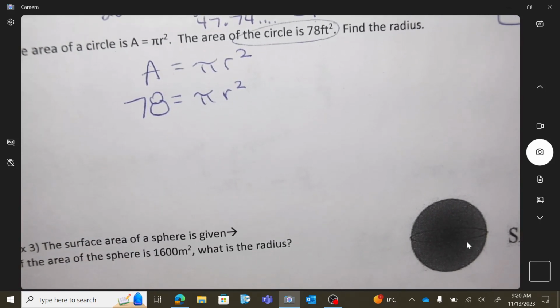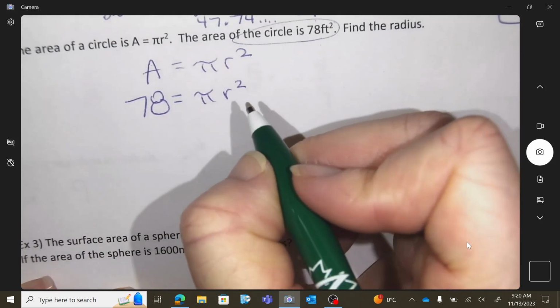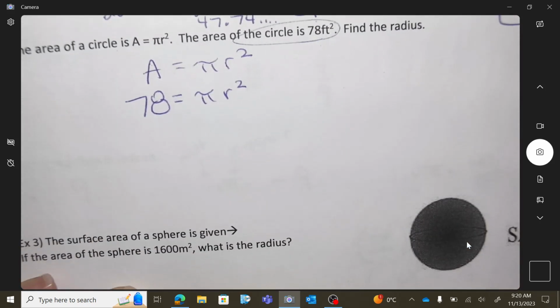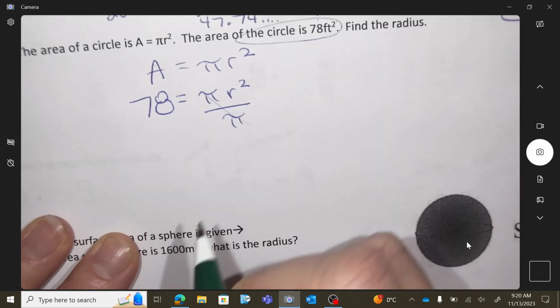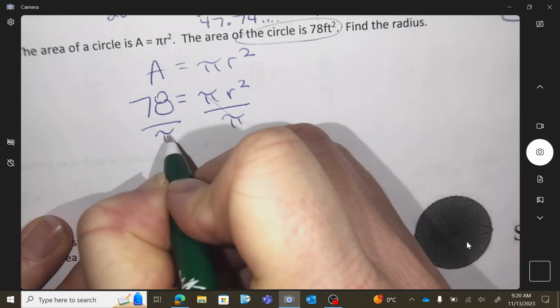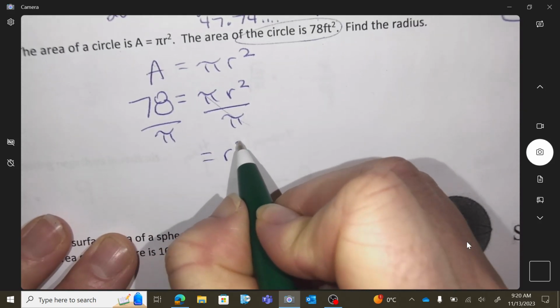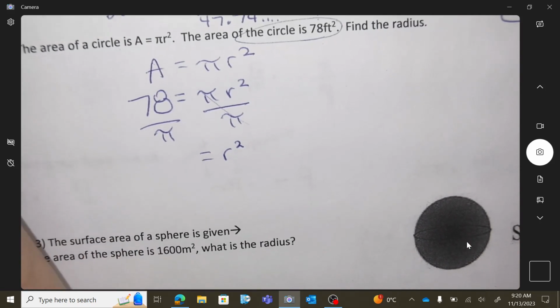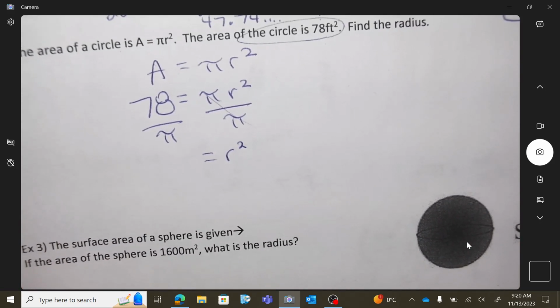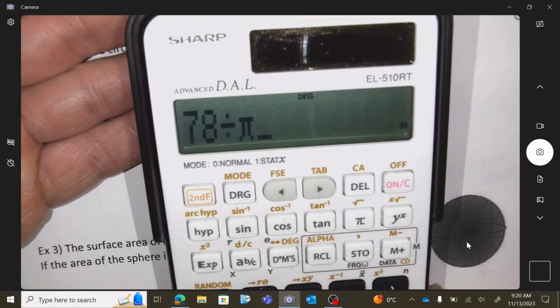Okay, so I filled in 78. Okay, trying to get r alone. Algebra, what do? First step, get the coefficient divided out. Okay, that makes sense with algebra. Divide the coefficient. So 78 divided by pi would go into your calculator.